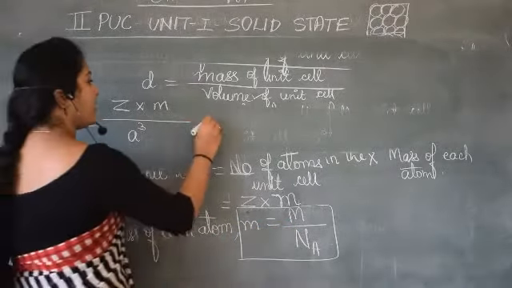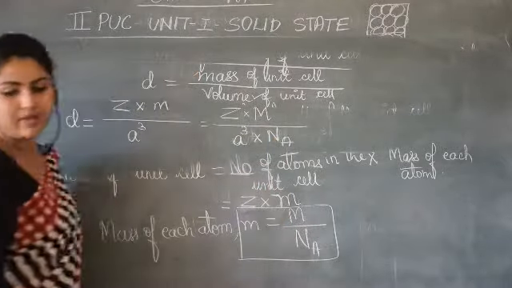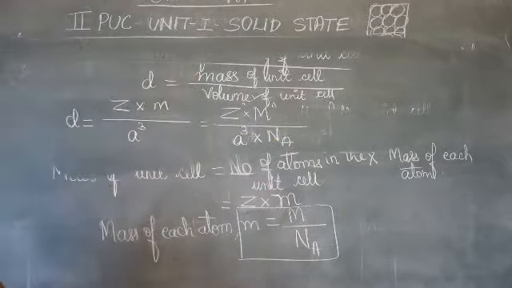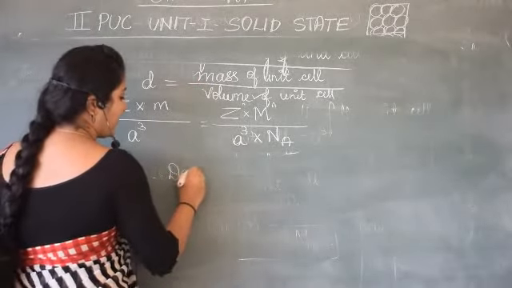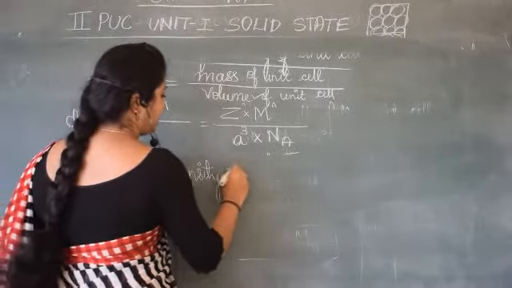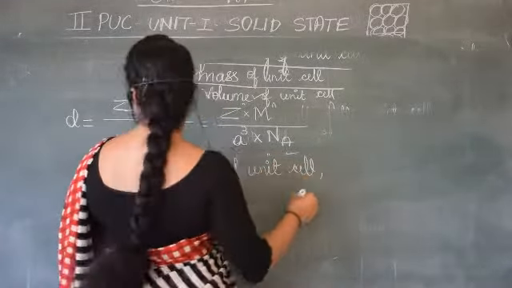You get it as Z into capital letter M whole divided by A cube into NA. You know what is Avogadro's constant? The value of Avogadro's constant is 6.023 into 10 to the power 23. Therefore, density of the unit cell D is equal to ZM by A cube into NA.